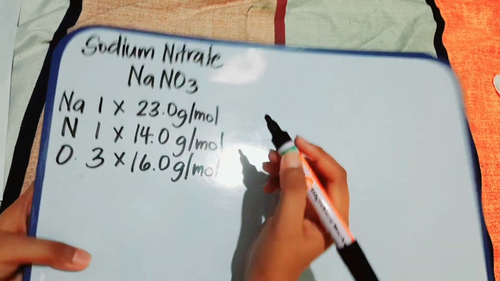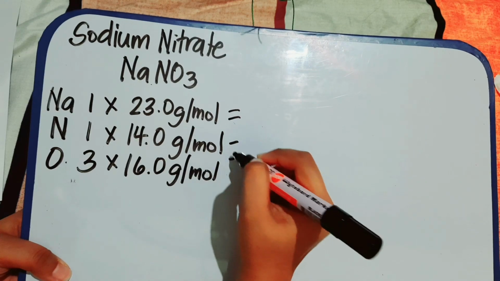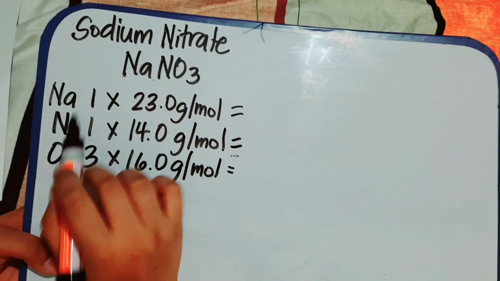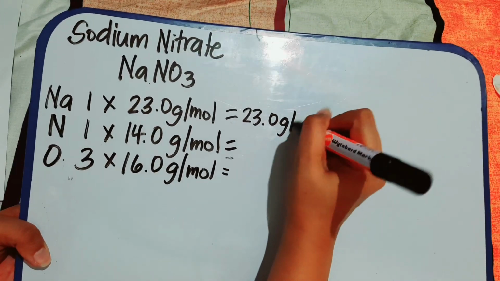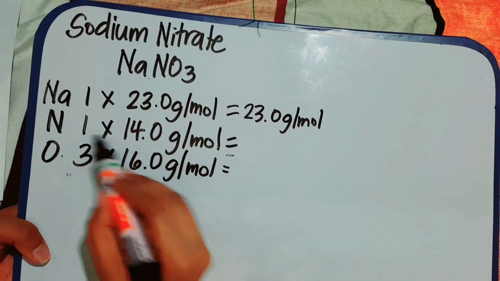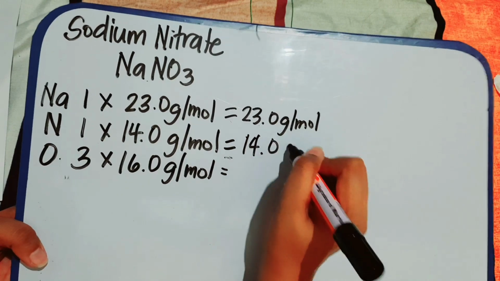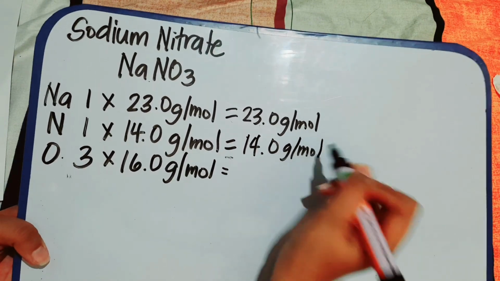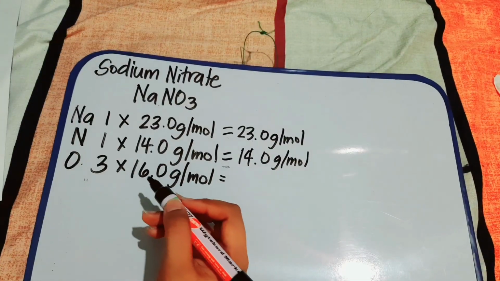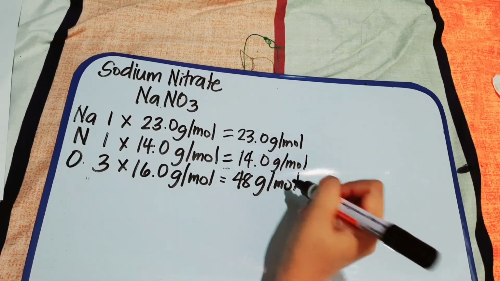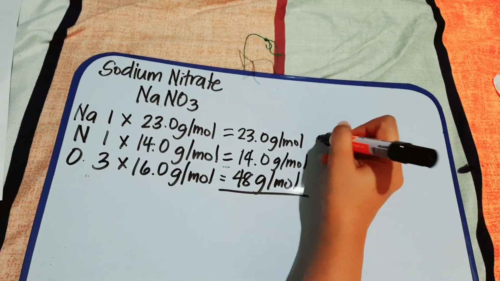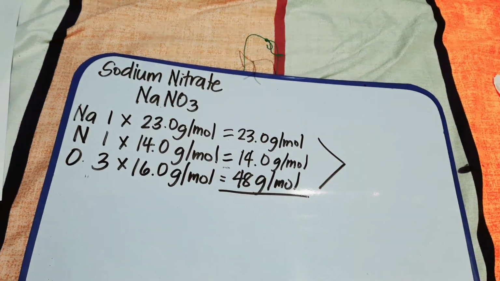Now, i-multiply na natin. Okay, 1 times 23, so obviously that is 23.0 gram per mole. And then 14.0 gram per mole. And we also have 3 times 16, 48 gram per mole. Okay, and ano po ba ang pag pinag-add-add po natin yan?